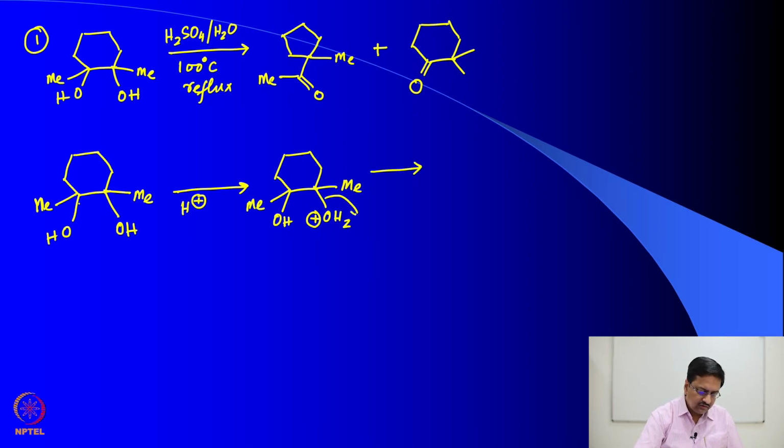Then when the loss of water takes place, it forms a carbocation, a cyclic carbocation at this point.